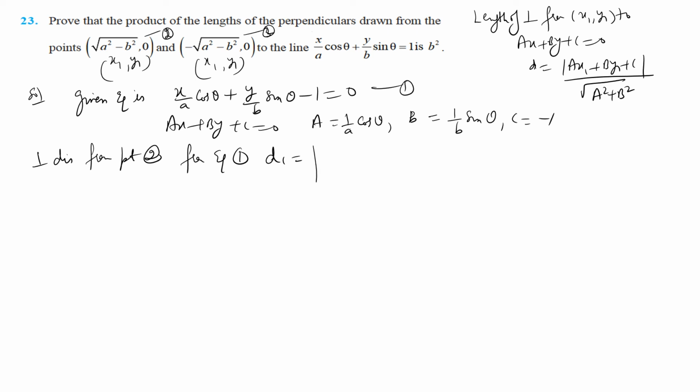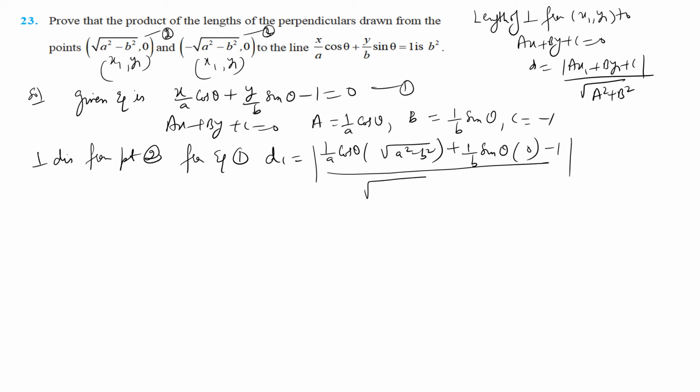This is 1 upon a cos theta into root a square minus b square, plus 1 upon b sin theta multiplied with 0, minus 1, upon under root 1 upon a square cos square theta plus 1 upon b square sin square theta. Similarly, d2 will be from the other point, and the only difference you will get is the minus sign here.